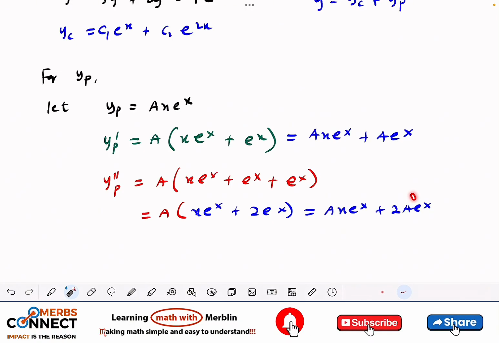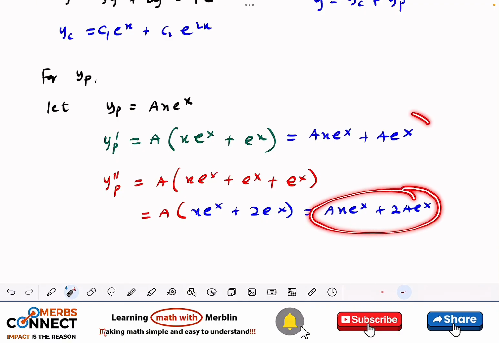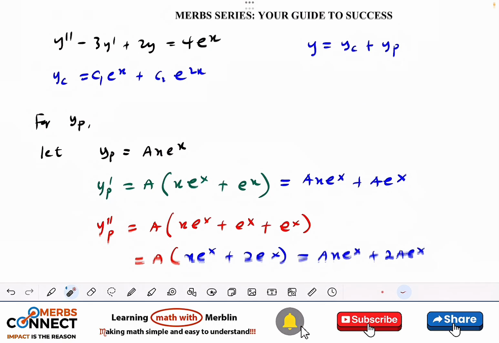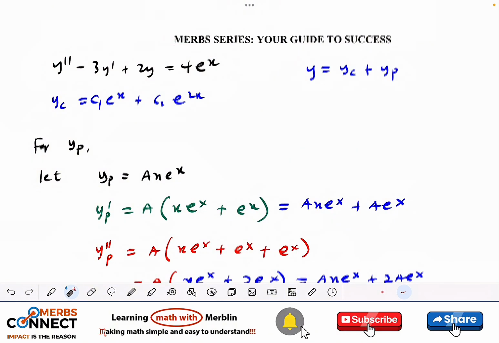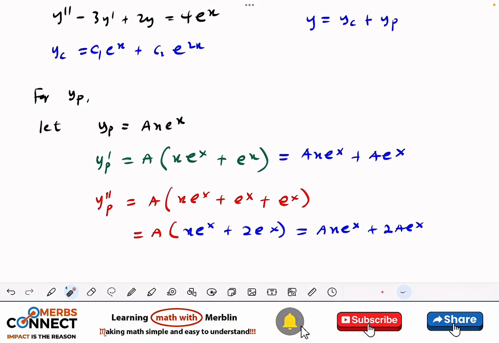So what I'm going to do is plug the second order, the first order, and then the y inside my original differential equation. So let's do that. Y prime is this, so I'll write it down here.